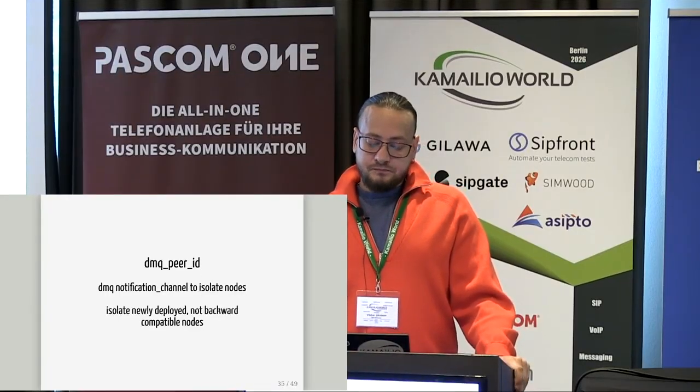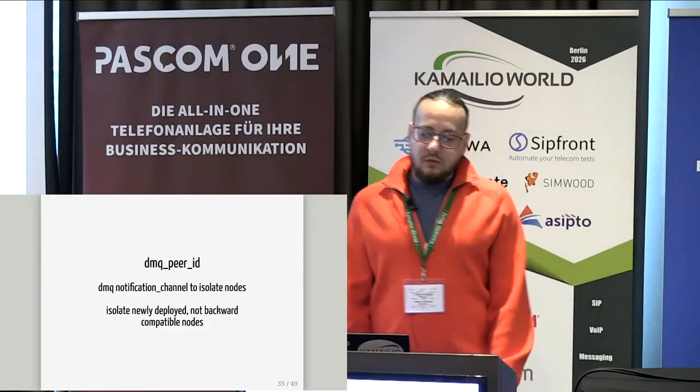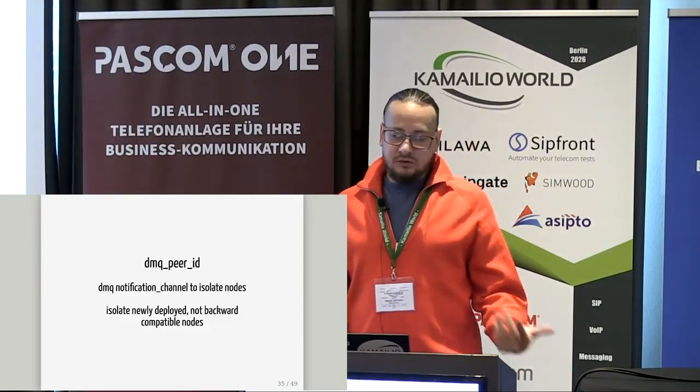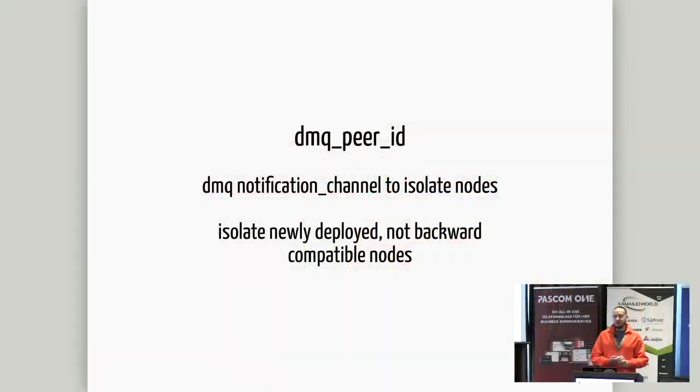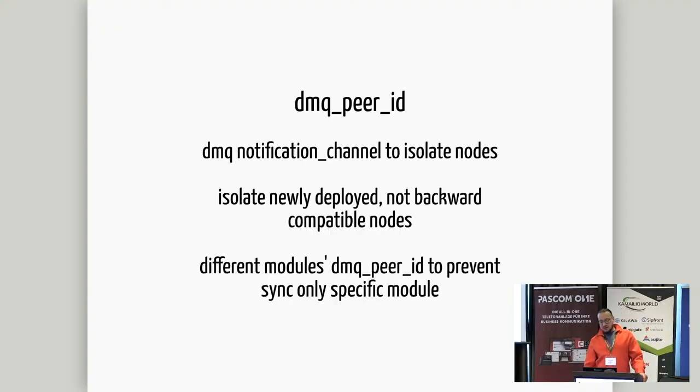But what if we want to isolate a newly deployed version of the application, or newly deployed Kamailios that have some not backward compatible changes? We can change the DMQ peer ID, the same as the notification channel, but for a specific model.